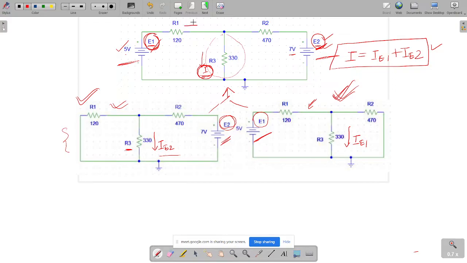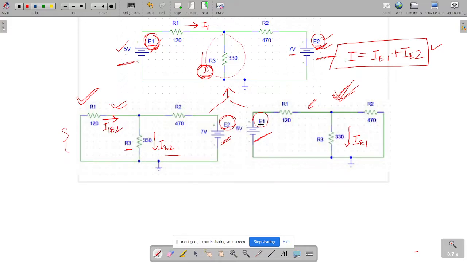So let us consider the current for R1 is I1. The same theorem can also be applied for I1. That is, when E1 is absent, that is when the circuit only has E2, the current that will be flowing through R1 is I1E2.